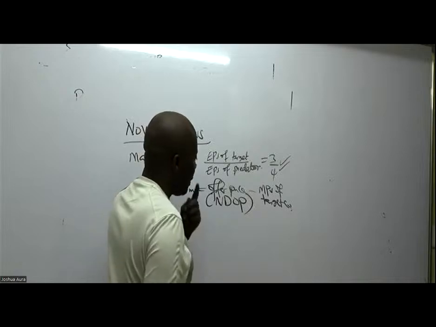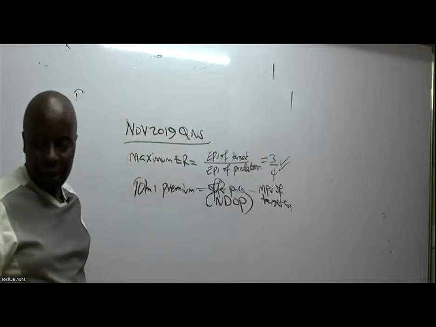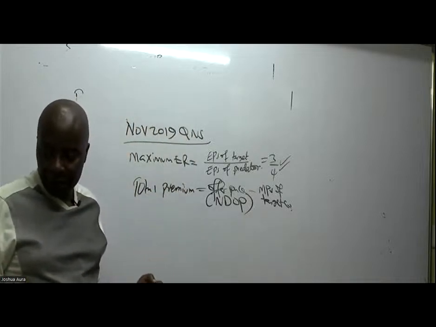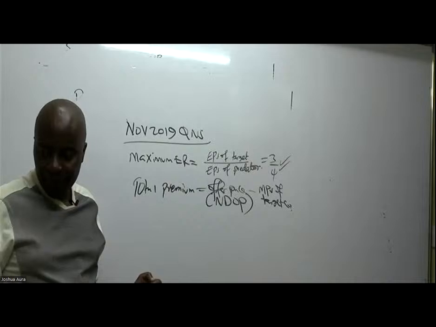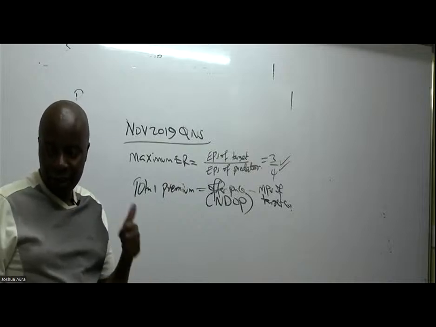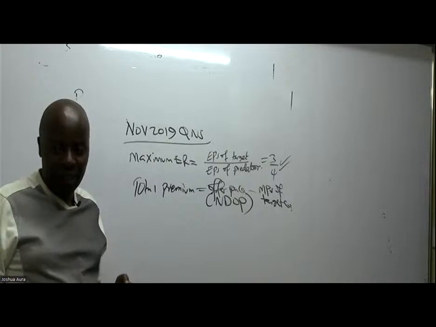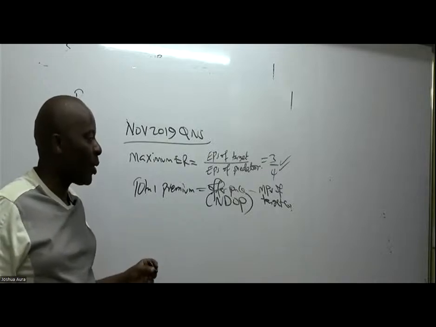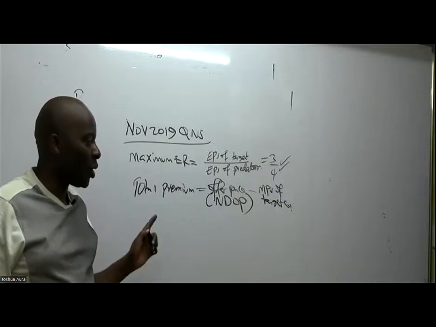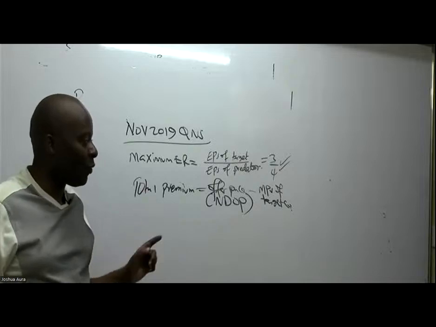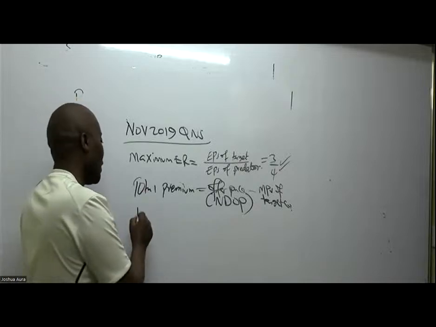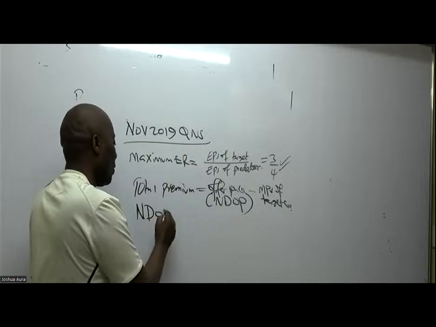NDOP is a non-diluting offer price. Yes, I will share that video immediately after this. So in this case we have the offer price, which is the non-diluting offer price, and I'll look for it. How do we get this non-diluting offer price?